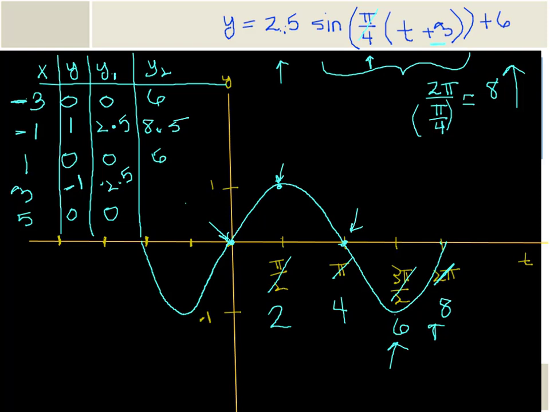So minus 6 minus 2.5 is 3.5 and 6. And so these are the points.